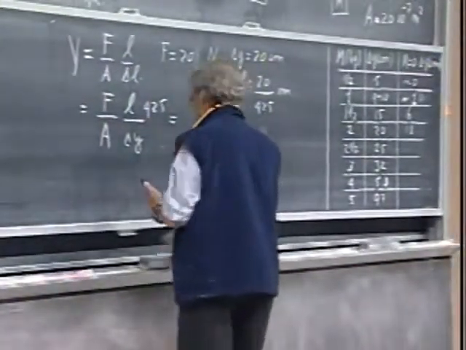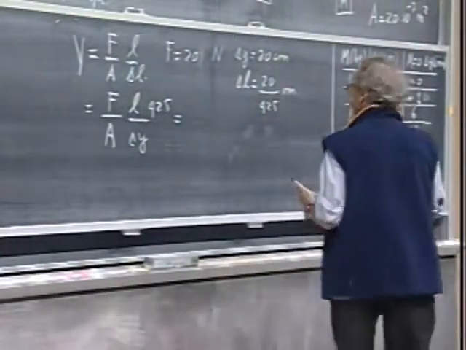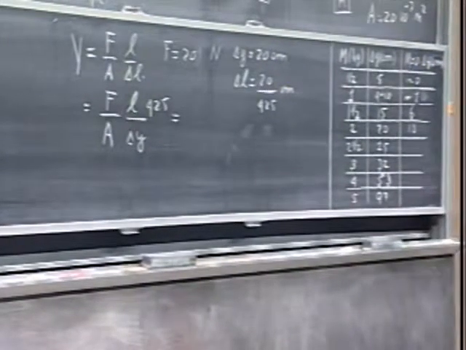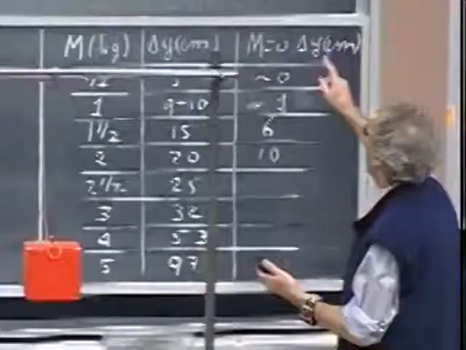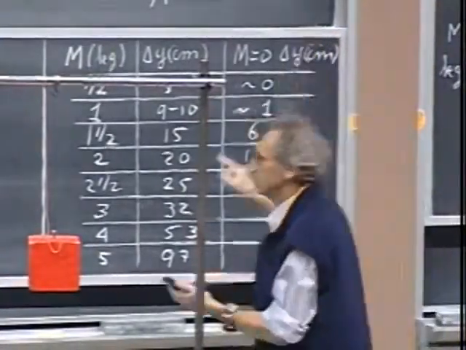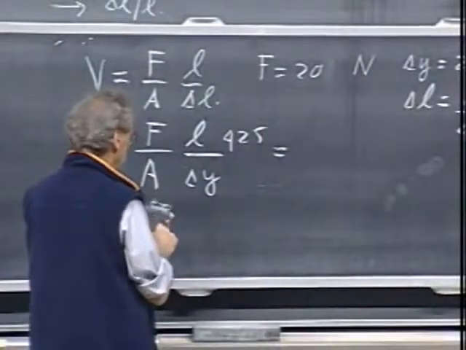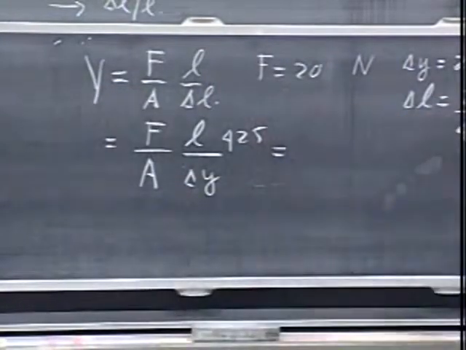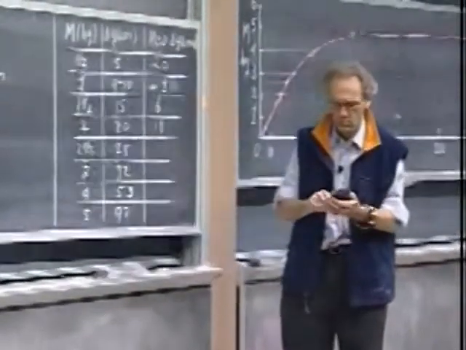So F is 20 newtons. That's right. The area is 2 times 10 to the minus 7, and I divide by the area. I multiply by the length, which is 0.36. I multiply by 425. And I divide by delta Y, but I need delta Y in meters, so that's 0.2.